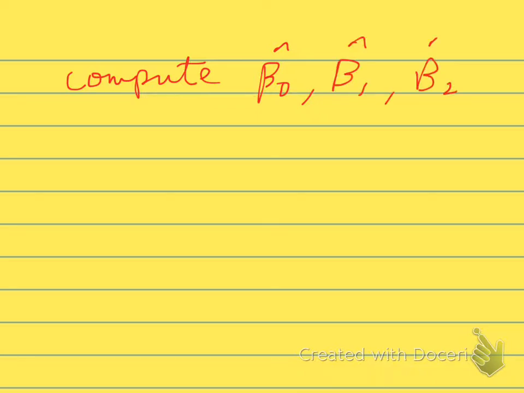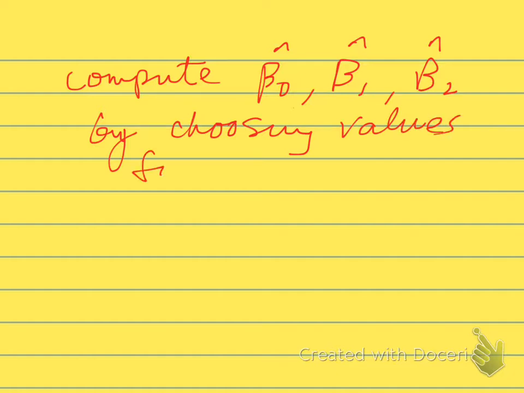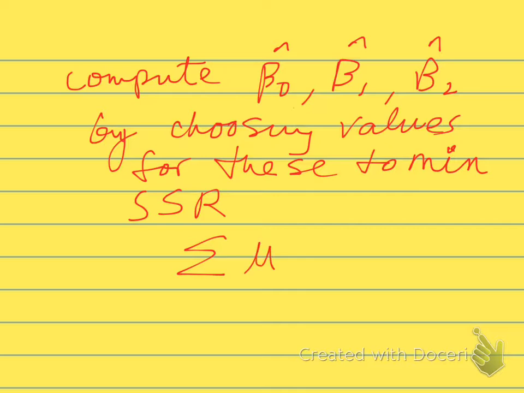So again, remember, we compute beta 0 hat, beta 1 hat, and beta 2 hat by choosing values for these to minimize the sum of squared residuals, and the sum of squared residuals is just the sum of the u_i hats squared.